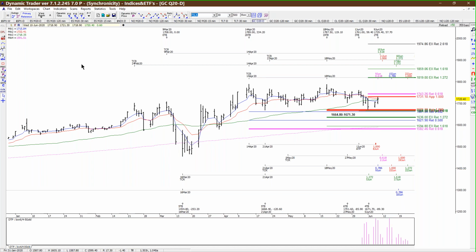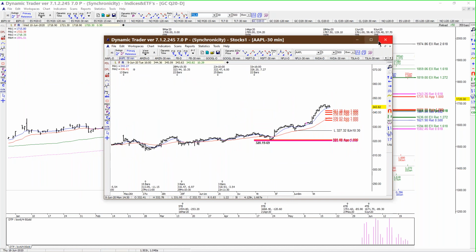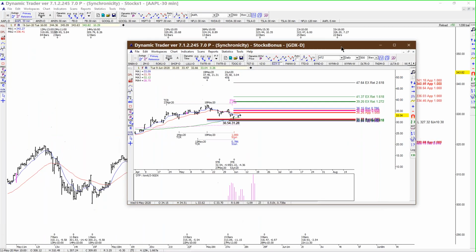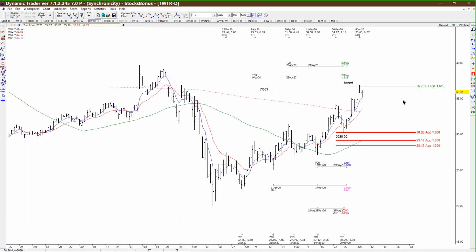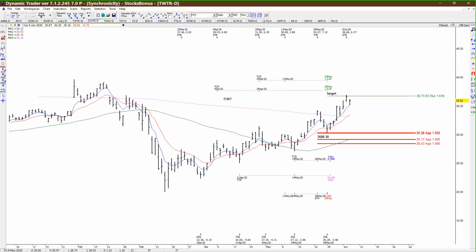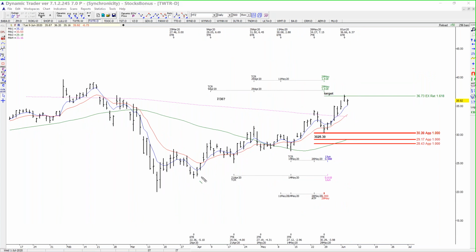Twitter was an old setup. So this one has already basically hit and held and triggered. So this one I gave out a while back in Twitter. And again, all it is, I'm trying to use the ratios to help you get a good entry within the uptrend.